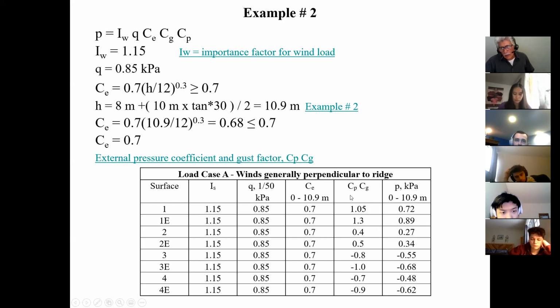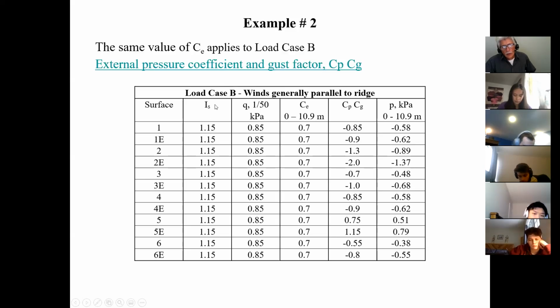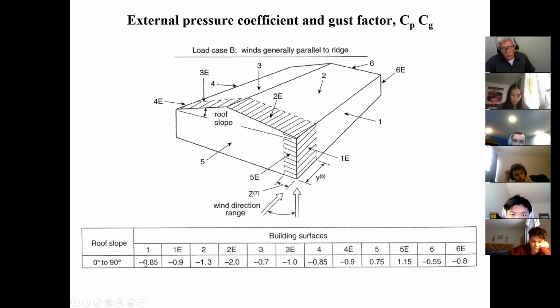And the same thing would happen for case number 2. The same CE value applies, in other words, 0.7. And of course, this is where we go and get, okay? So here I have the IS, I have the Q, and I only have one CE value because I have the same value across the whole height of the building. And these are exactly the same values that I used in the other problem.